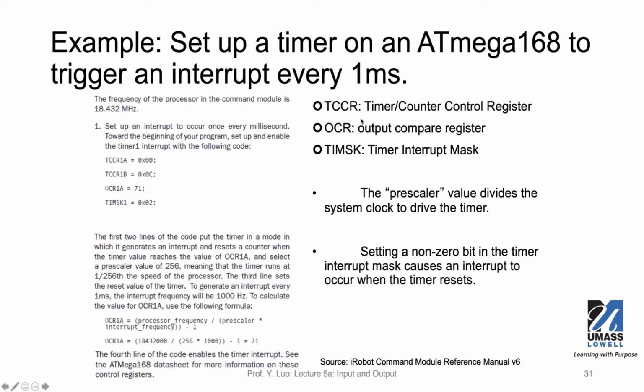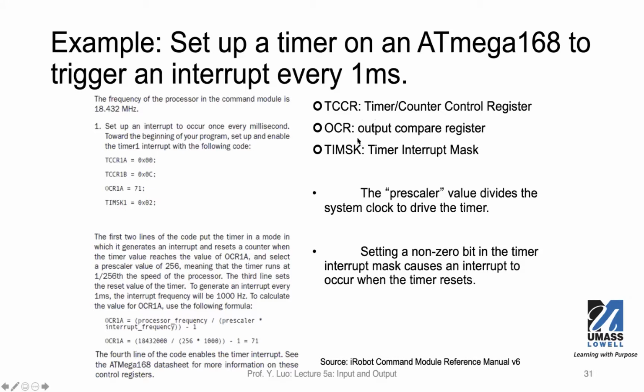You will find such a control register for any timer in any processor. You will find something like this, although the name could be different. This control register is typically used to set up the mode of the counter, enable the interrupts, all these sort of control operations.